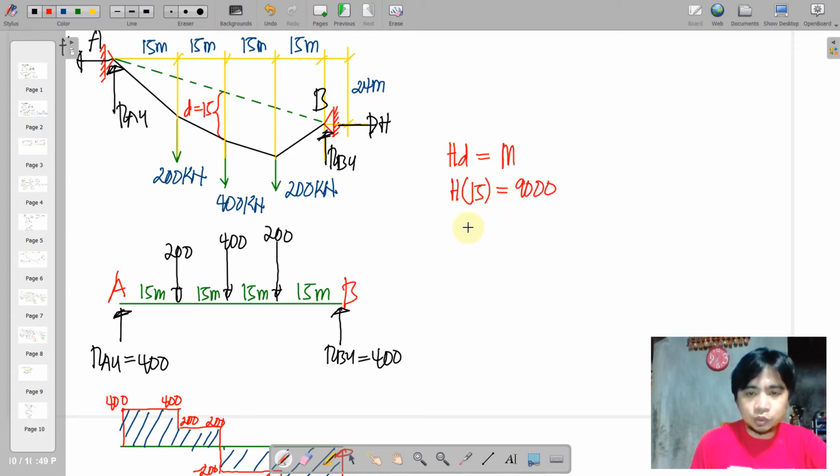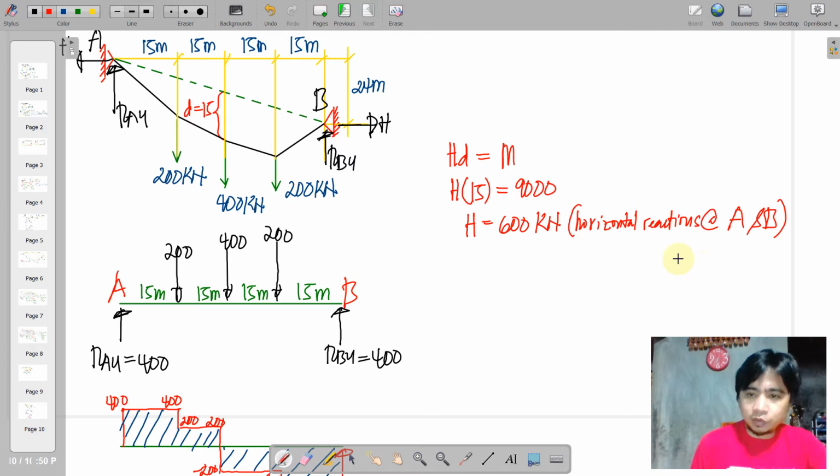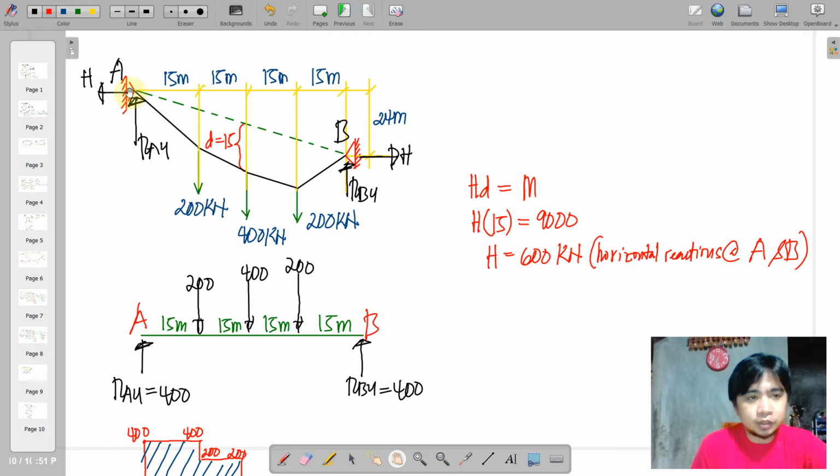So we find H to be equal to 600 kilonewton, wherein this is the value of the horizontal reactions at A and B. Okay, so knowing our horizontal reactions at A and B, we can just take summation of moments at A and then solve for B.